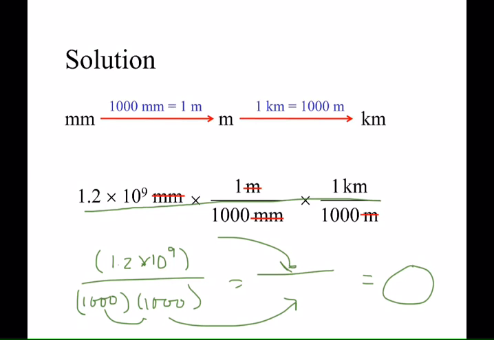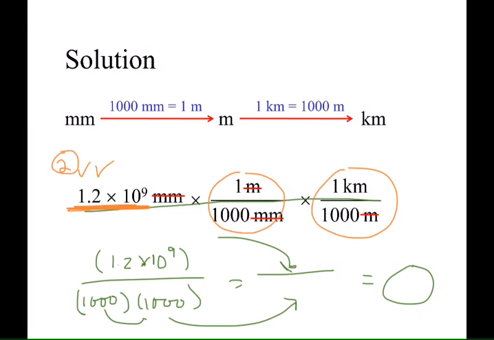Let's see how we're going to round this. If a number is written in scientific notation, how do you pick out its number of sig figs? You pick it out using the coefficient. So there are 2 sig figs in the coefficient here. Now, is there any uncertainty brought by any of those numbers, the 1 or the 1,000? No, there is no uncertainty.